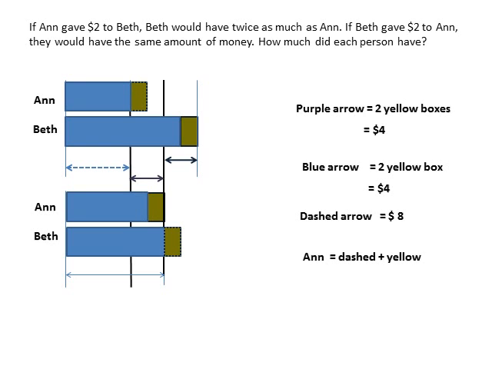Since the dashed arrow is $8 and the yellow box is $2, therefore Anne would have $10. Okay, so I'll leave it to you to figure out Beth's from this one. I guess you can just pause.